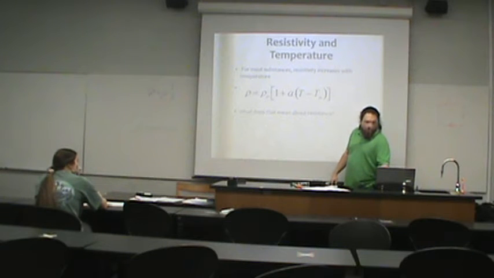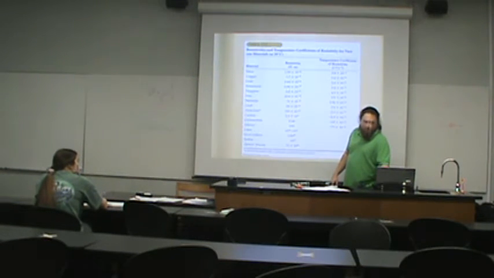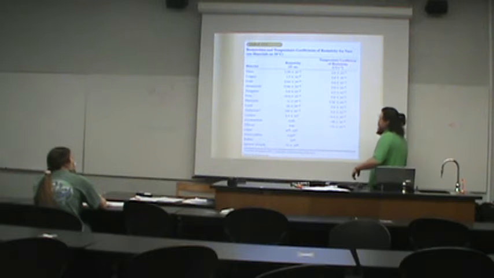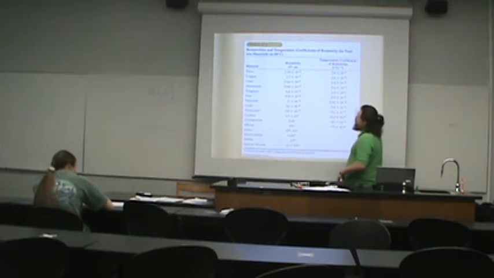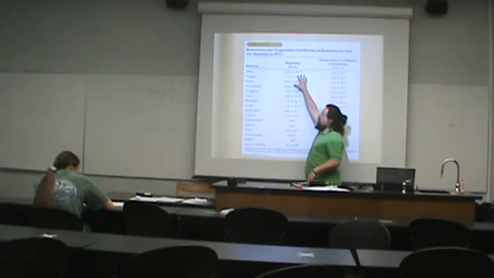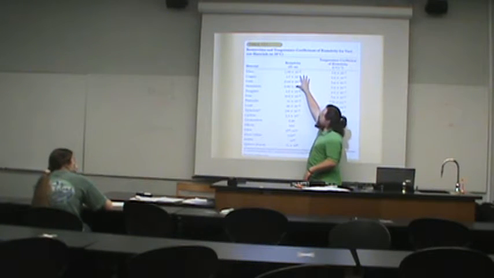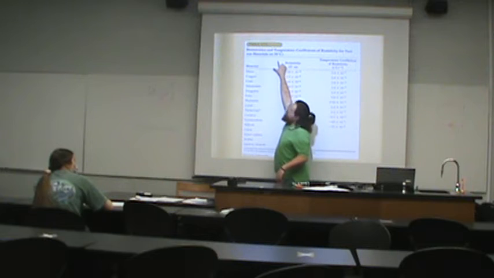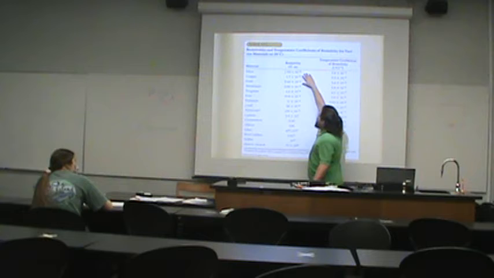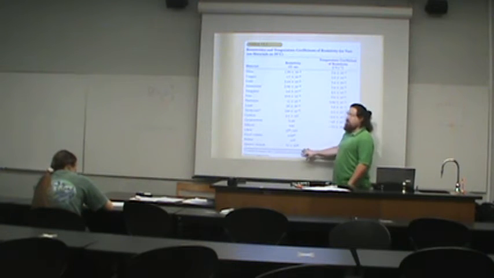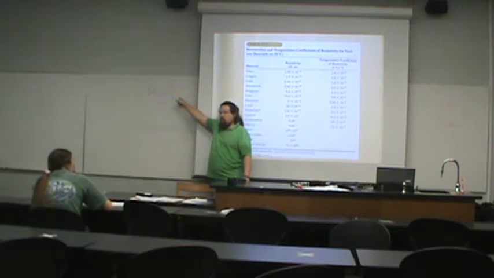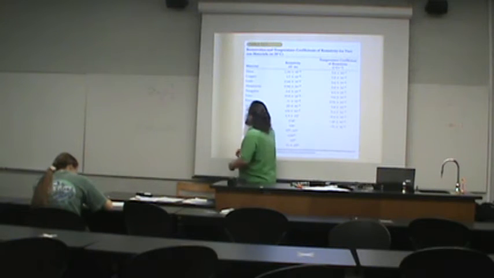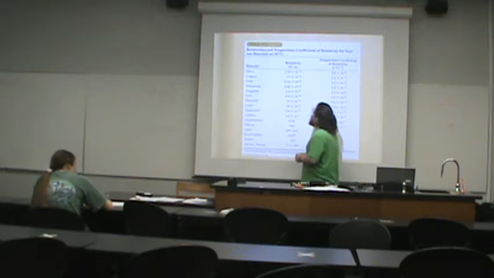I'm going to show you the table that has all these constants on it just to give you an idea of what we're working with. The first column here for every material is its baseline resistivity at 20 degrees Celsius. So if all these materials were at 20 degrees Celsius, this is the rho constant that you could then plug straight into here. This is rho prime defined at 20 degrees Celsius.